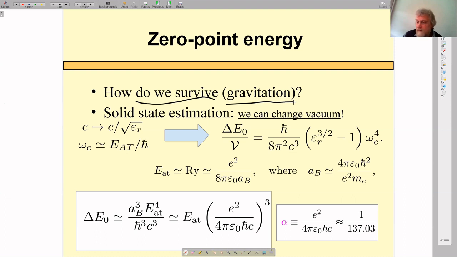Nobody knows precisely why it is so. There are theories that eventually there is a positive contribution to zero-point energy from bosons and a negative contribution to zero-point energy from fermionic modes.